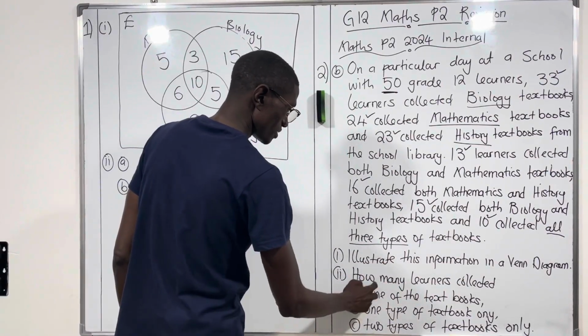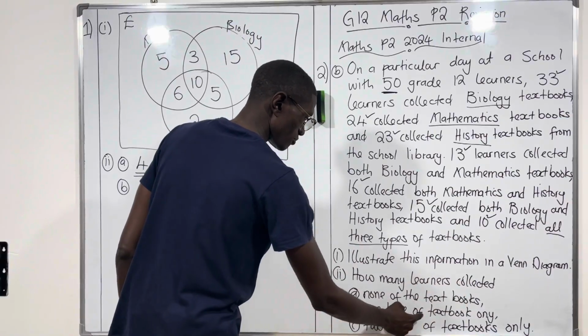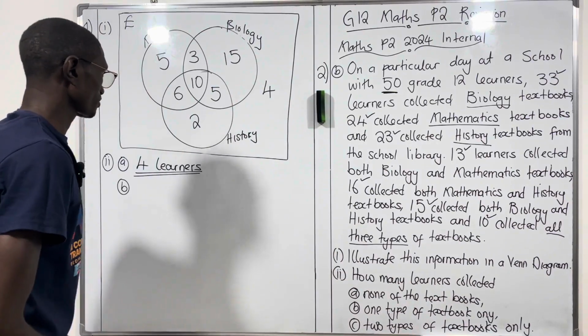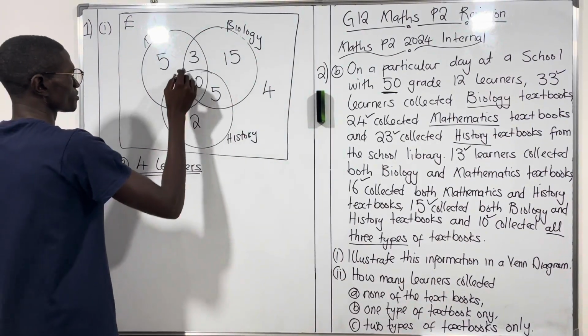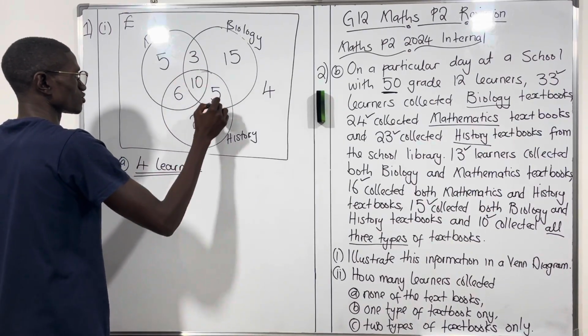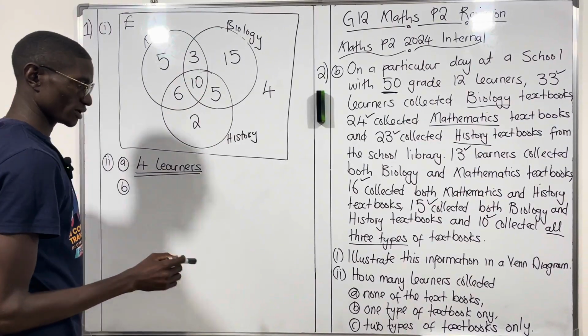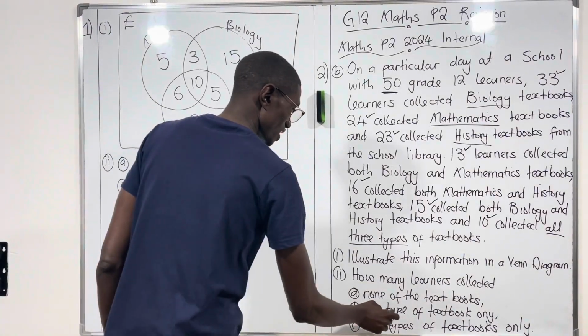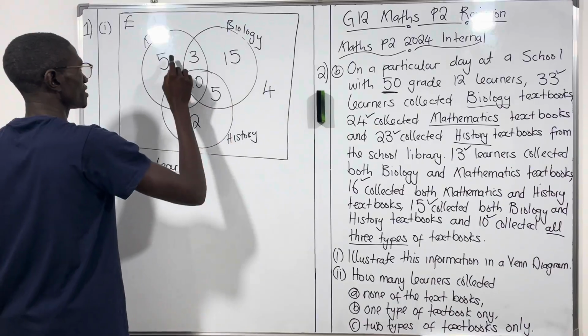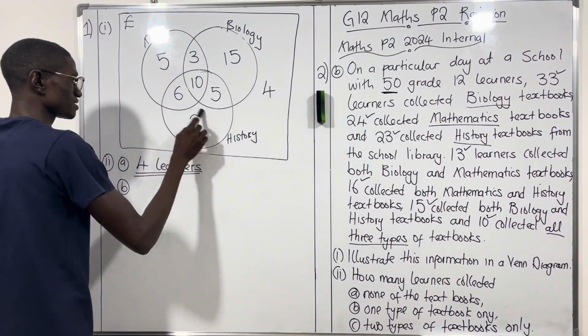B, how many learners collected one type of textbook only? The keyword there is only. Meaning we're focusing on these people who are appearing here. These ones here, and those ones there. How many collected one type of textbook only? It's these guys here, these guys there, and those guys there.